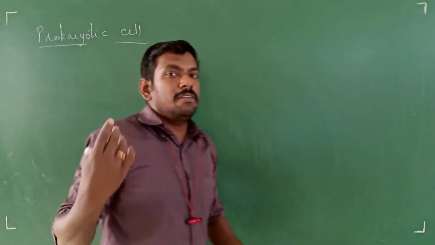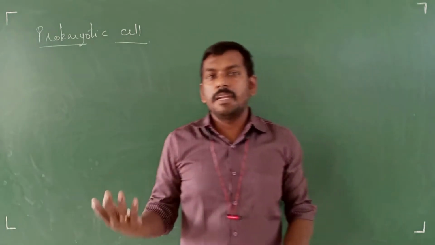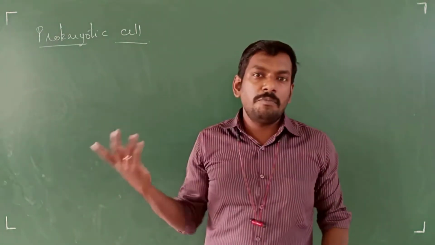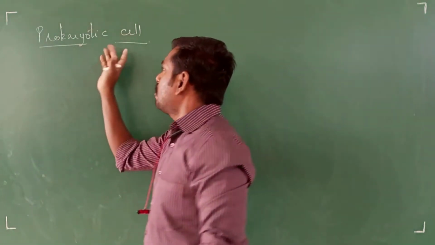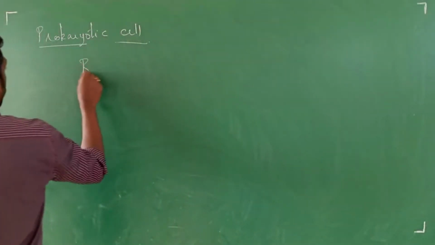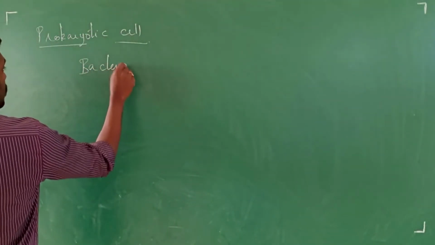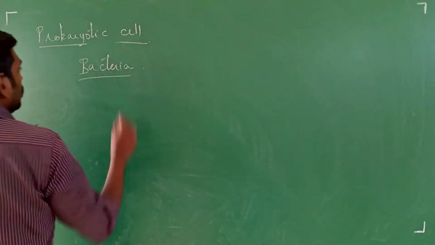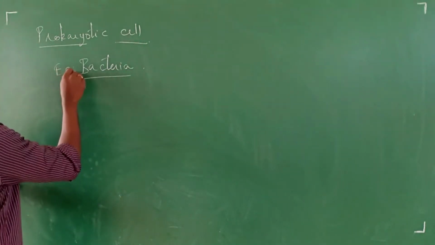We will see about the prokaryotic cells. There are different types of prokaryotic cells: bacteria, blue-green algae, mycoplasma, pleuropneumonia-like organisms. Bacteria is an example.